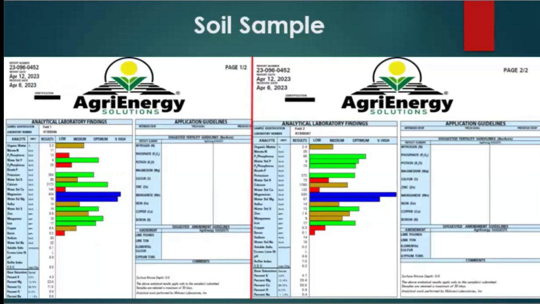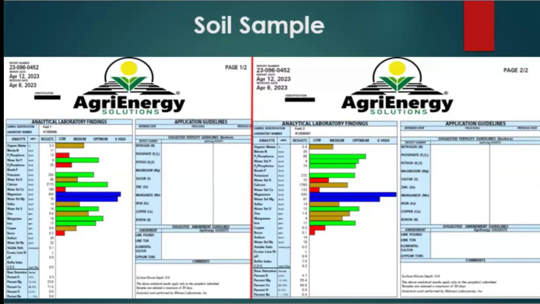So this is the same soil sample, but it comes in 3 different ways. Midwest Labs is somebody that we've used for, I don't know, Gary, how long? 15, 20? Yeah, over 20 years, and they've been very good. This is a special report that they do with us and for us.